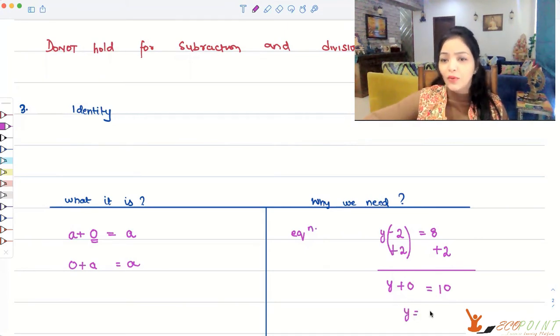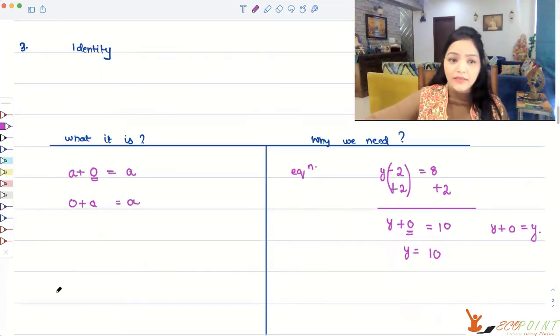So I have the value of y. So what we have done here is that by adding 2, I got the expression y plus 0 equals 10. That means I have identity out here. 0 is the identity element out here. And this simply means that y is equal to 10, because y plus 0 equals y itself by the additive identity property. So that's what additive identity is.